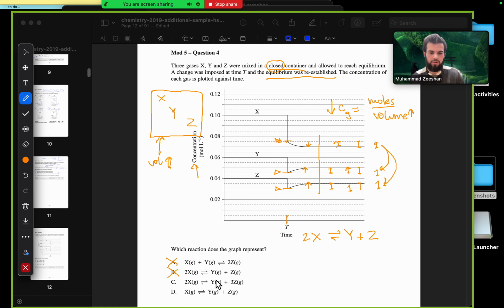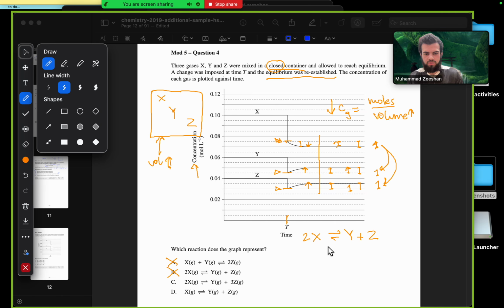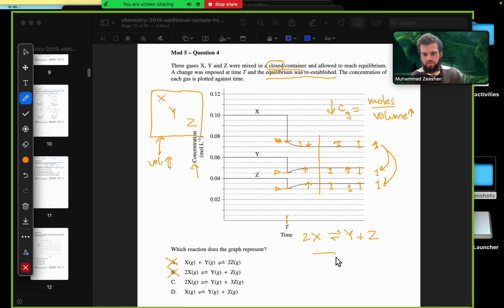2X forms Y plus 3Z. Again, you need to preserve the mole ratios. The concentration changes will preserve the mole ratios. These are all 1-to-1 changes. Let me just illustrate what it would look like if it was this one.